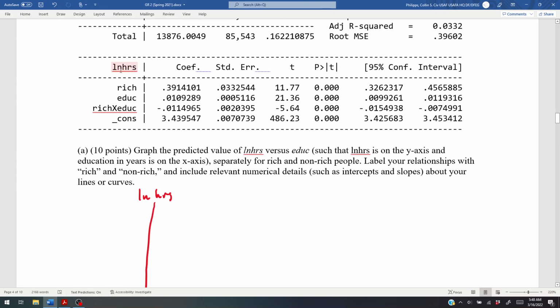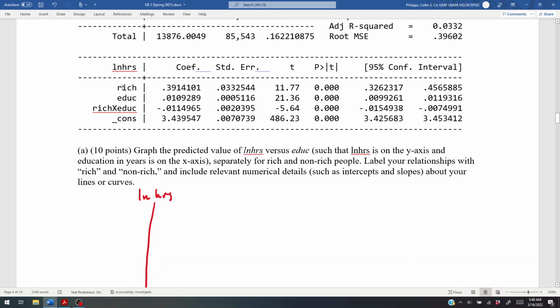Notice, log hours, rich, education, rich times education, and a constant. How do I interpret these? Well, starting from the constant, if everything else is 0, I expect log hours to be 3.44. Okay, well, is everything else ever 0? Can rich be 0?